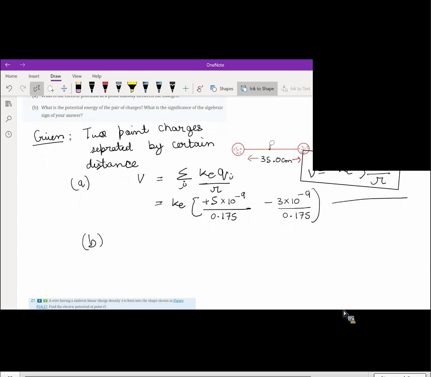So let's see. First, potential energy is U equals QV. So it is KE Q1 Q2 by R. So what is KE?